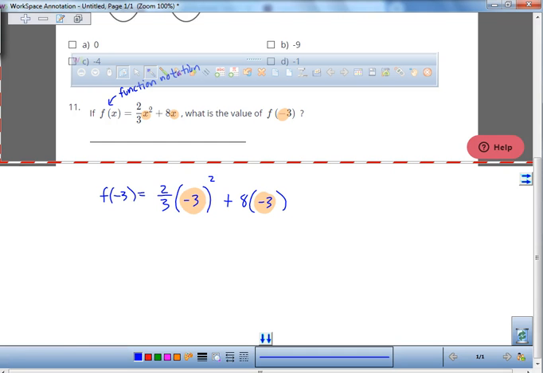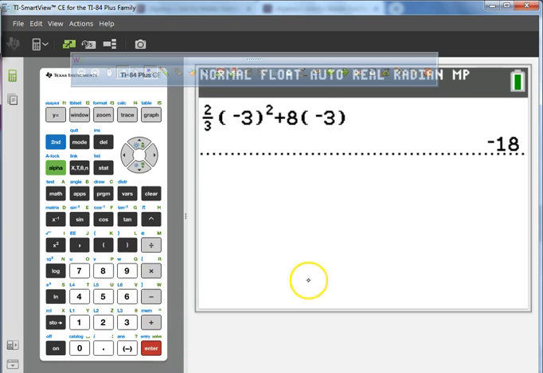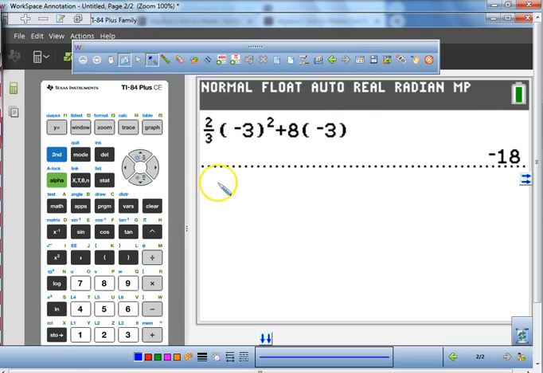And then what do we have? Plus 8. Plus 8, open parentheses, do what? -3, just like that. And voila, there's your answer. Okay? Now, obviously, do you have to do it in the calculator? No, you could do it in your head if you want to. Now, a negative times a negative is a positive, so that's a 9, right? -3 times -3 is 9.